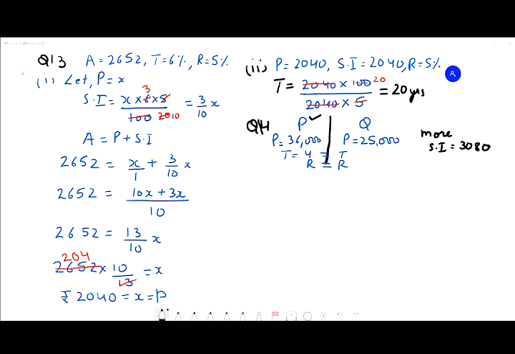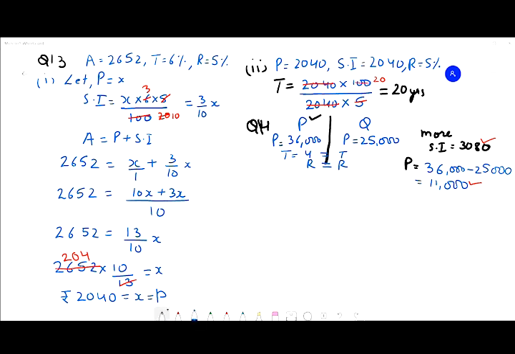So my principal will be 36,000 minus 25,000. That is 11,000. It means that this SI I got on 11,000. So better I take this principal so we can reach the equal rate.